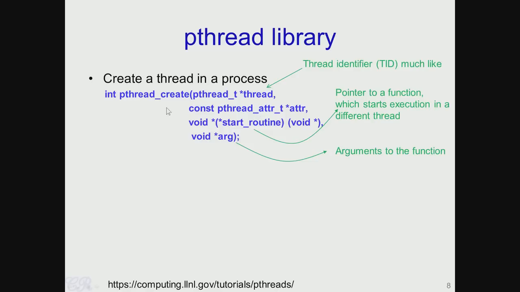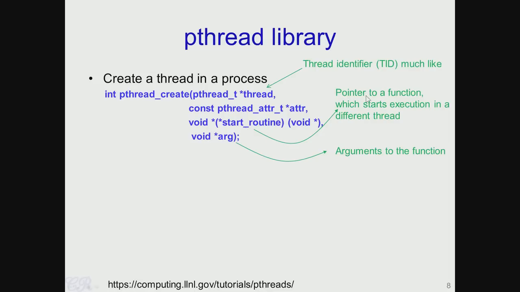Through this attribute you could specify several properties of the thread that you are creating. What the pthread_create function does is that when it is invoked, it creates a new thread context in the process, and it starts executing that new context from the function specified here. The third parameter, start_routine, is a pointer to a function which begins to execute in the new thread context.